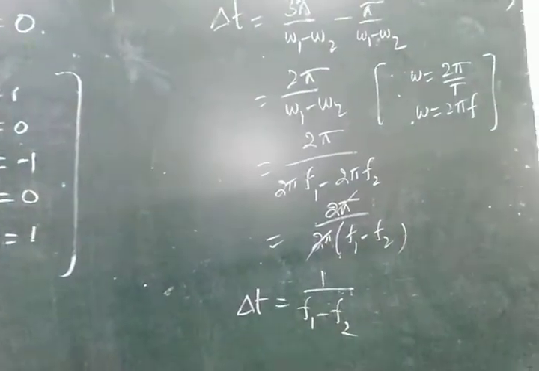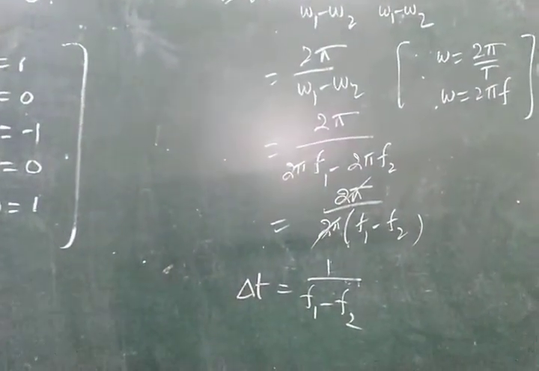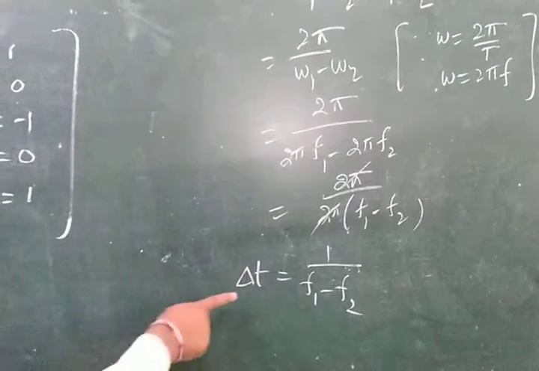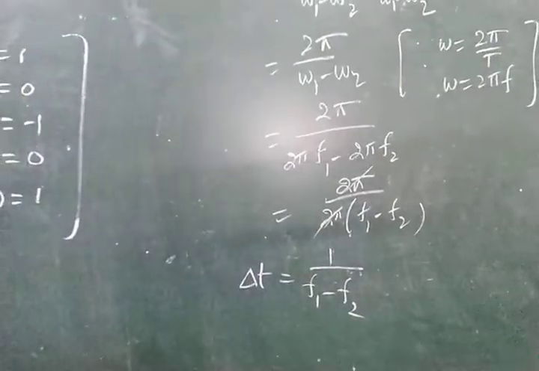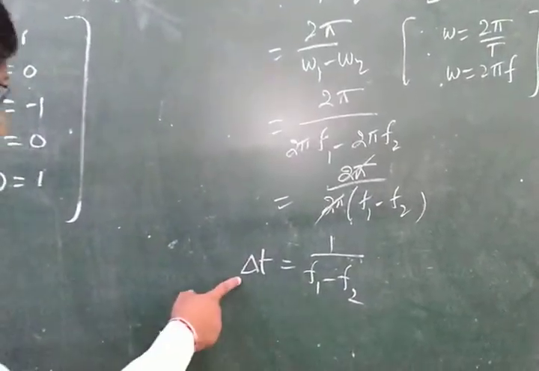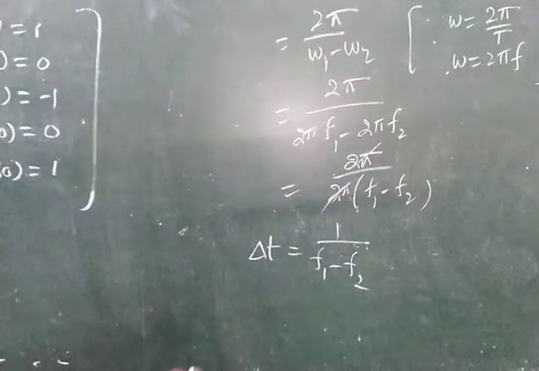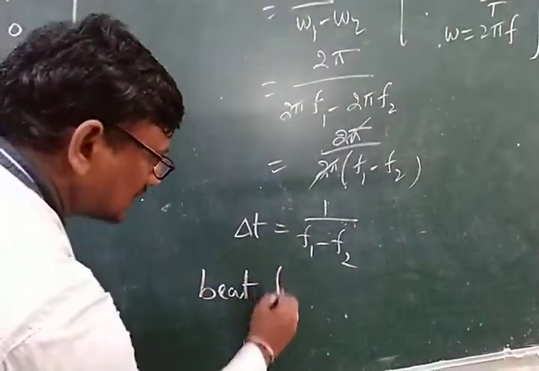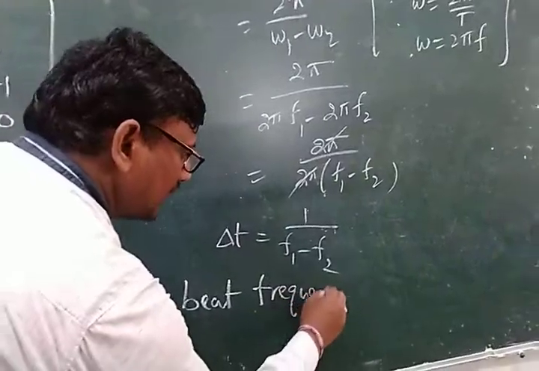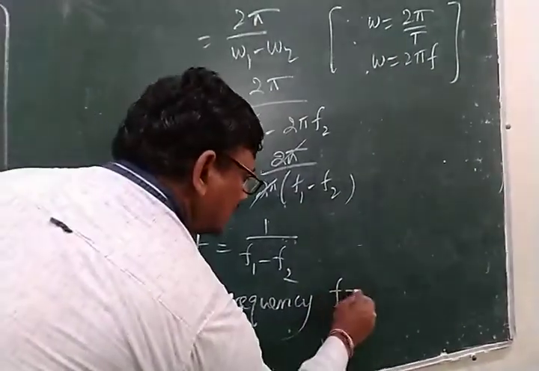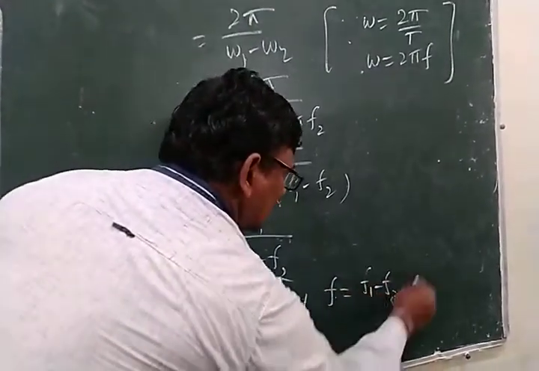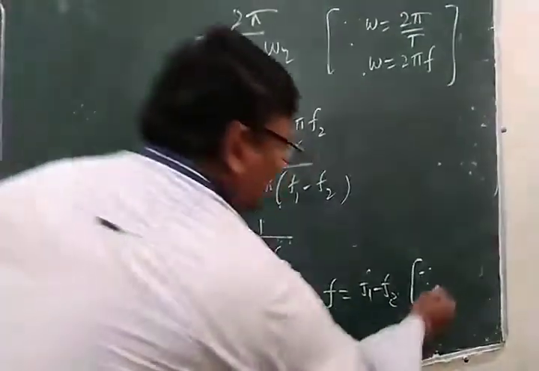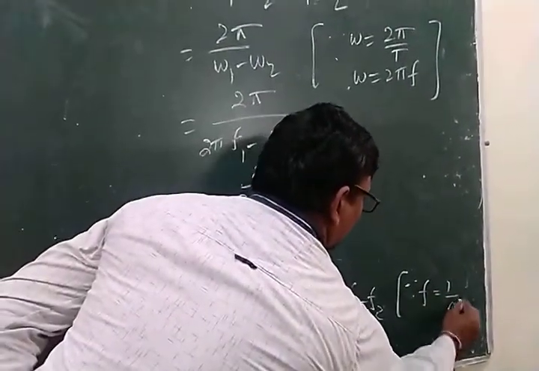This is the difference of the time interval of minimum intensities, delta t equal to 1 by (f1 minus f2). The reciprocal of the time period is called the frequency, that is called the beat frequency. What is called the beat frequency? f is equal to f1 minus f2, since f is equal to 1 by delta t.